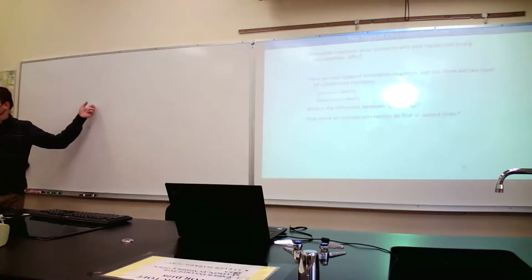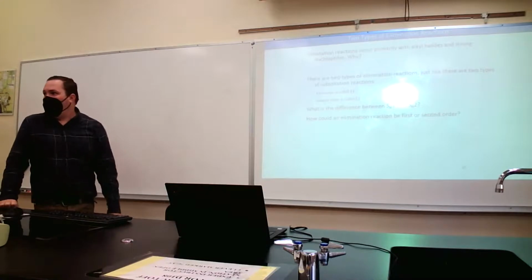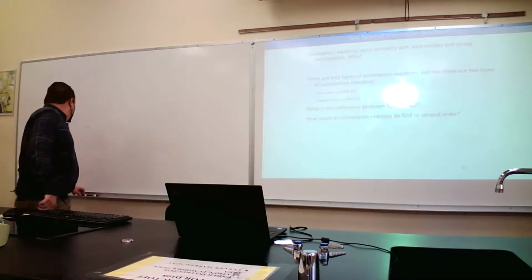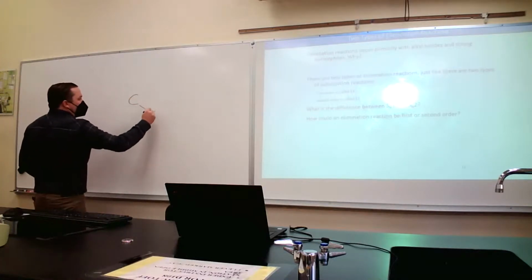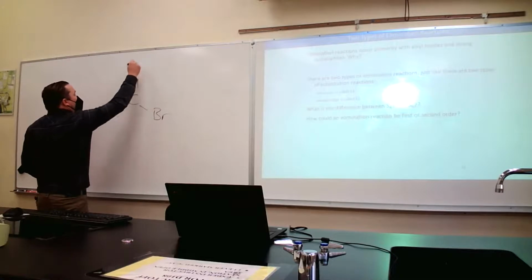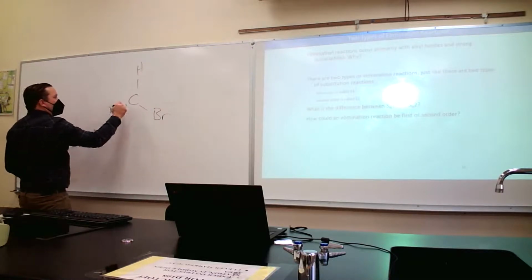That's the one that I drew up here as the intermediate to show what was going to happen. How could it be second order? I was going to say, it just happens kind of simultaneously, but that seems grossly oversimplified.